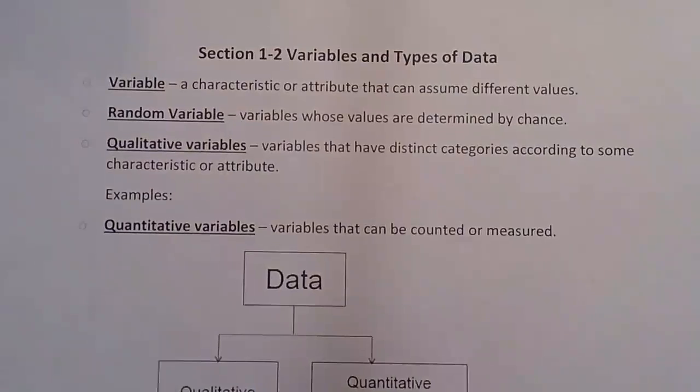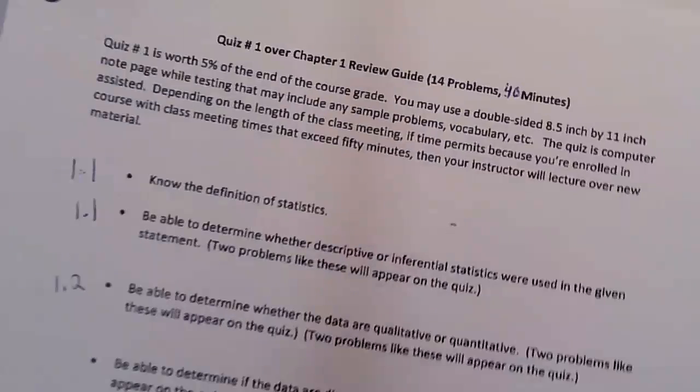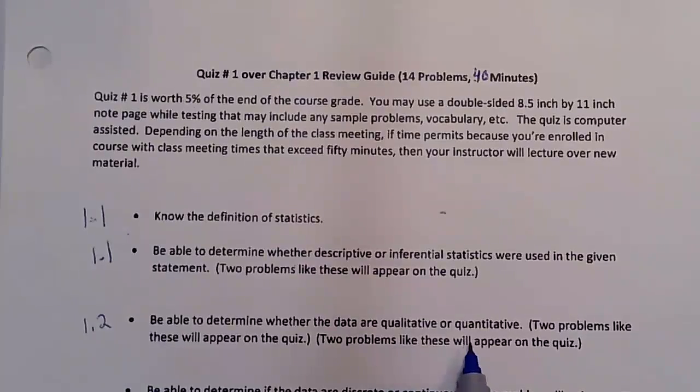So it talks about a variable. It's a characteristic or an attribute that can assume different values. We have random variables whose values are determined by chance. Qualitative variables. Okay, so that's what we need. They want to know if we have qualitative or quantitative.